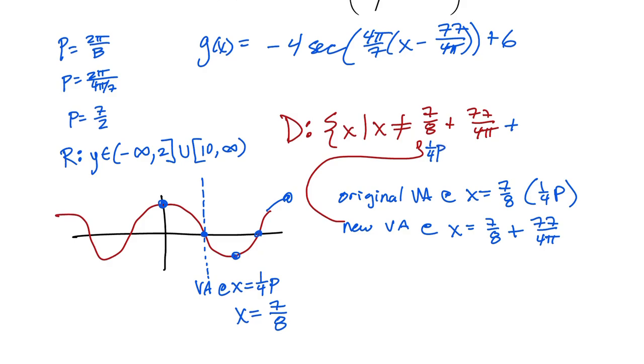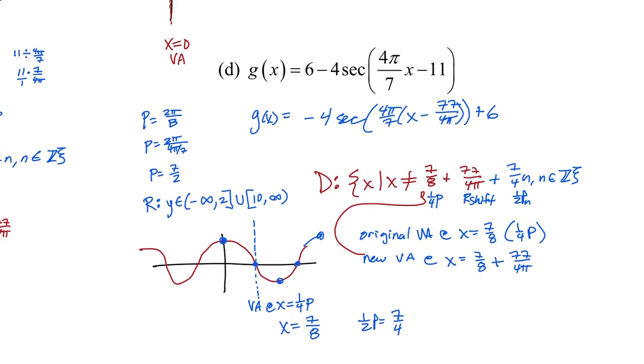So we got a fourth of the period plus the right shift, and now plus every half period. What's half the period? Still 7/4. So plus 7/4 n, where n is an integer. And if you want to finish labeling that, that's 1/2 the period n. So a fourth of the period plus the right shift plus a half the period n, and you've got yourself your domain for secant.